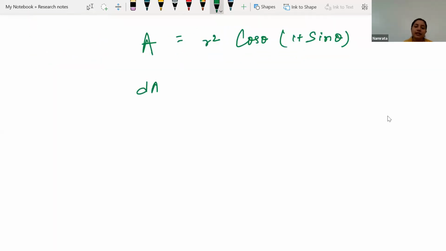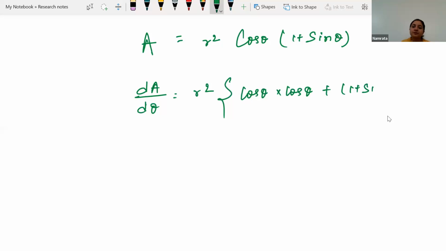We will find dA over d theta is equal to R square. Now here the product rule we will apply. First function, derivative of second function, that will be again cos theta, plus second function, derivative of first function will be minus sine theta. Let's expand it.